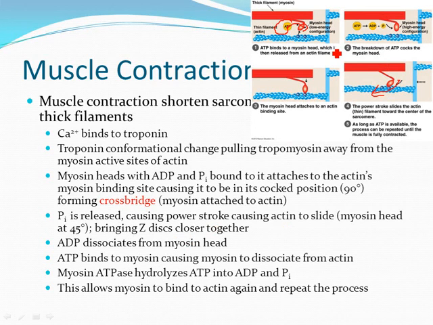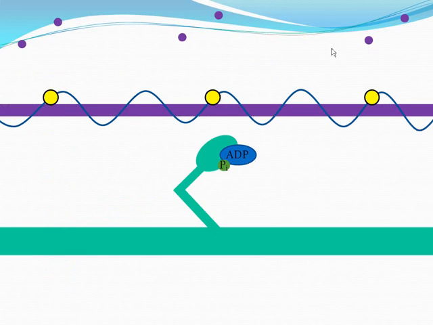When it binds to ATP, at that point in time, it doesn't actually bind to actin. It's not until we break it down to ADP and inorganic phosphate that we repeat this process, where it binds to actin to potentially cause another contraction.